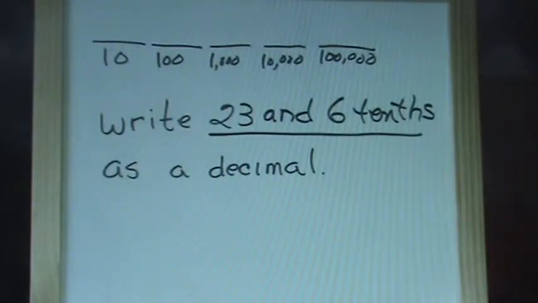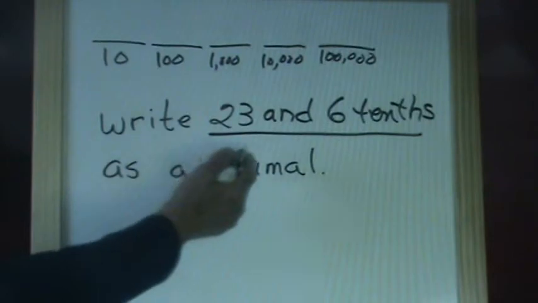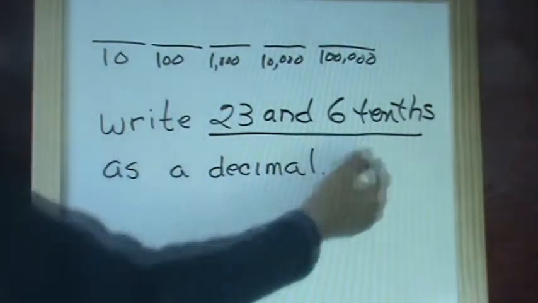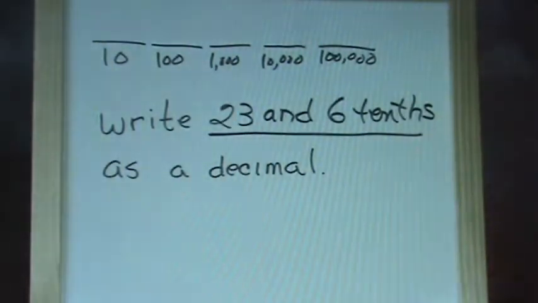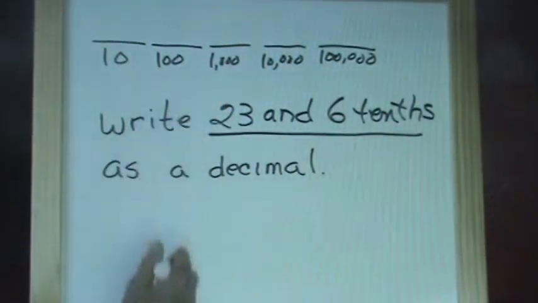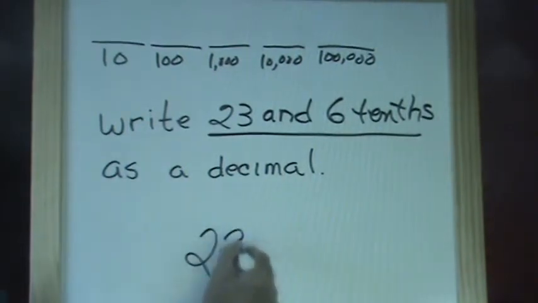Let's take a look at a mixed decimal. Here we're asked to write 23 and 6/10 as a decimal. Well, we know this is the whole number, 23.